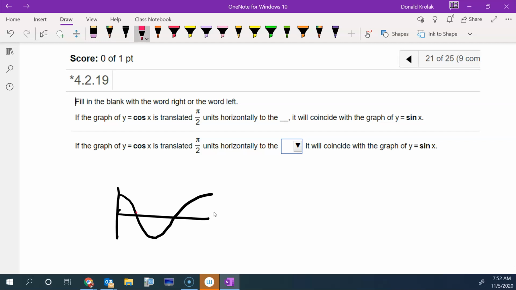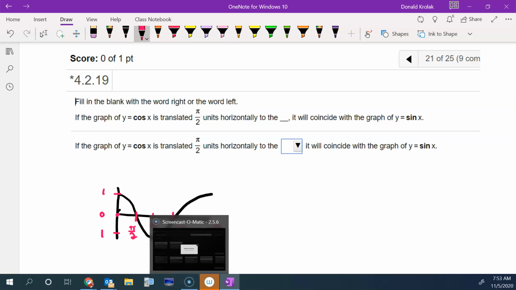Pi over 2, pi, 3 pi over 2, 2 pi, 1, 0, 1. Now I want to turn that into a sine graph.